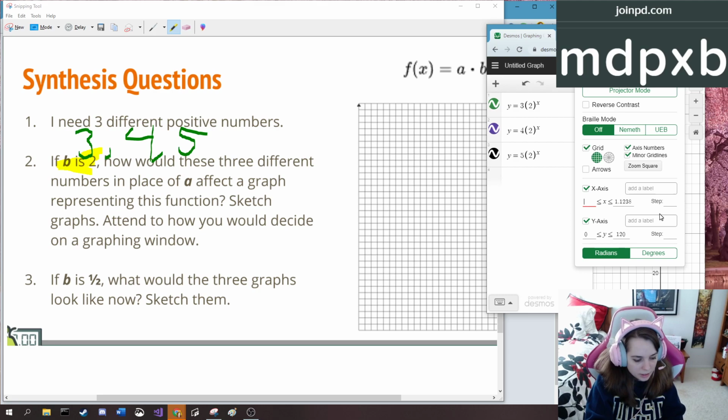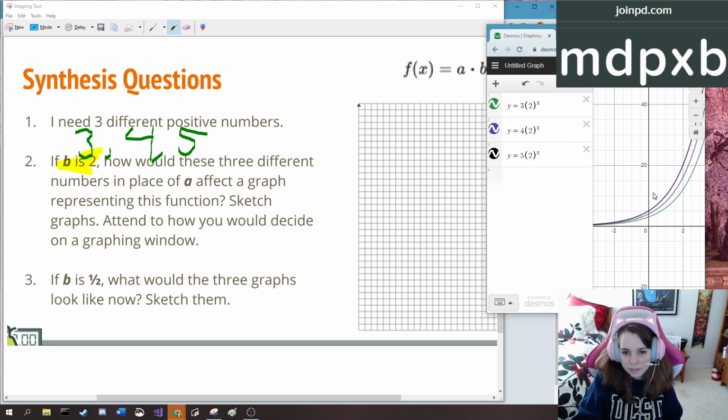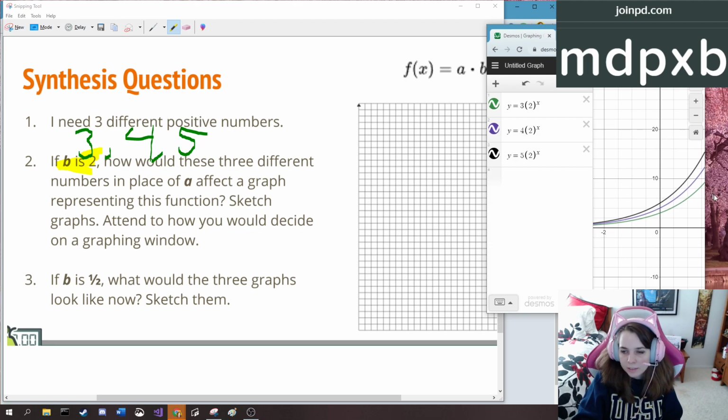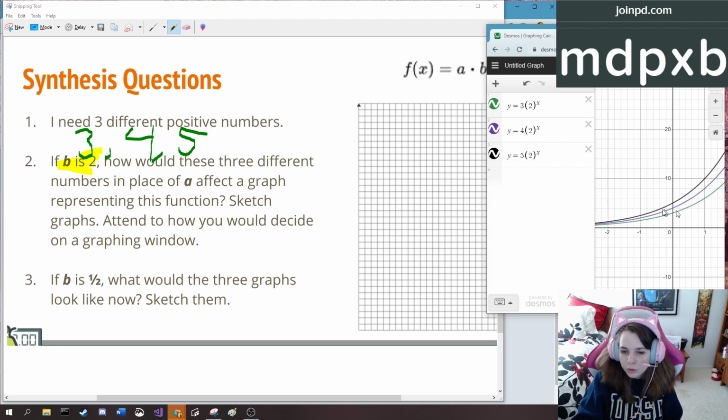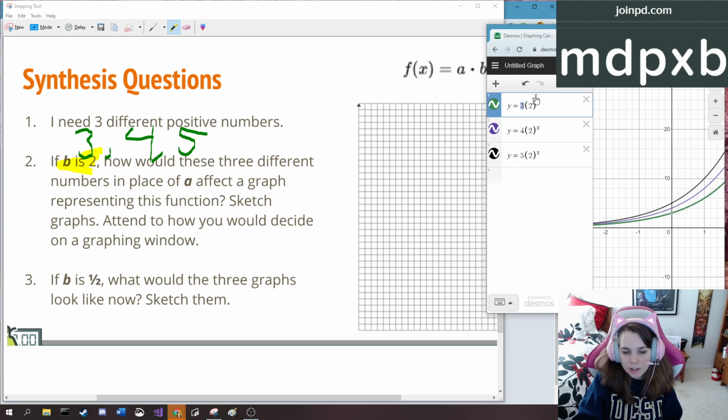Let's say -5 as our window, 5. All right. So, if the rates are all the same, how does our starting value affect the graph?